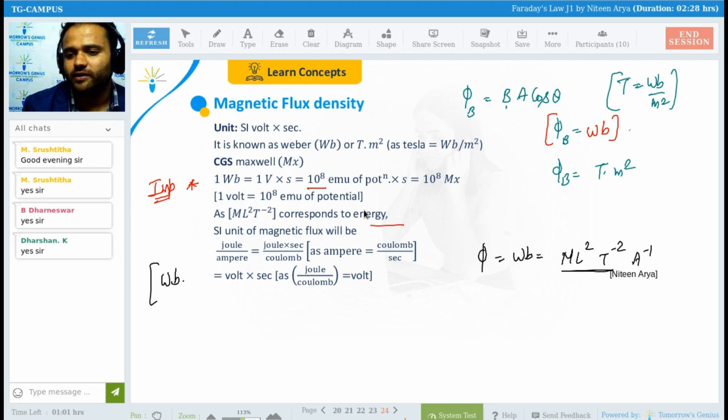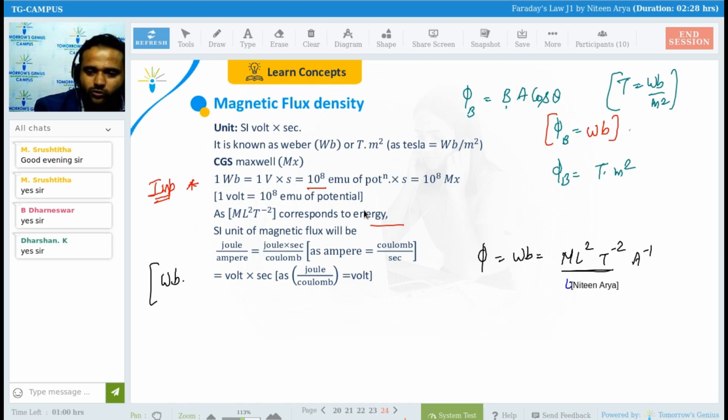So this has the dimension of energy over current. Joule per coulomb is volt, and second is second. Is this clear, everyone? With the dimensional formula, we can get this unit. Nothing more than that.